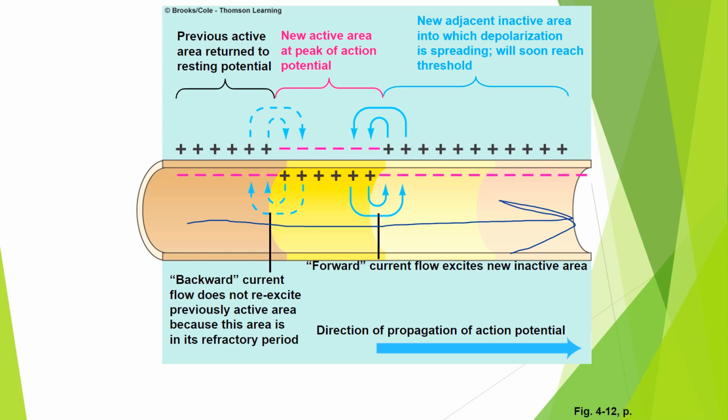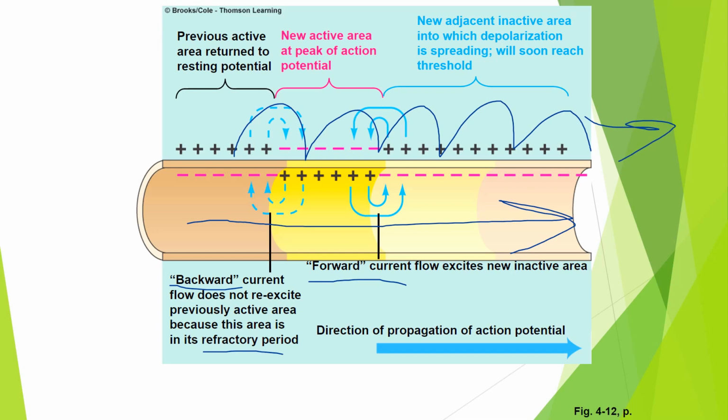And so that means that there's no backward current because of refractory periods, and so we have this forward current of action potentials that will keep going down towards the axon terminal.